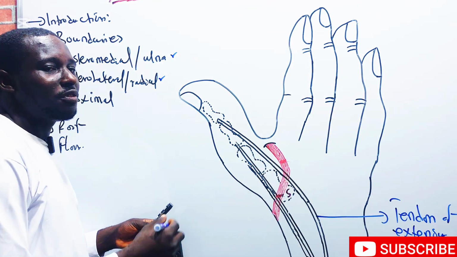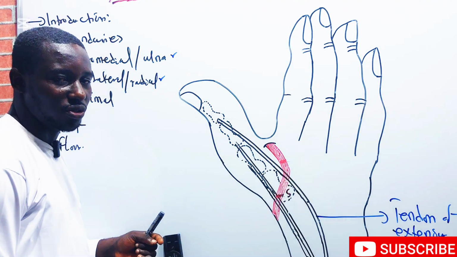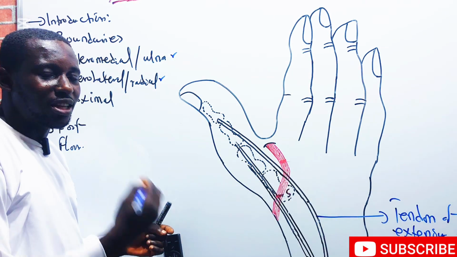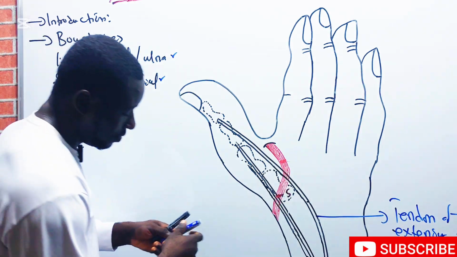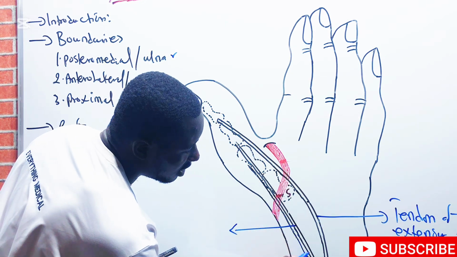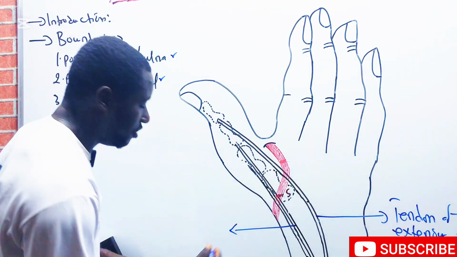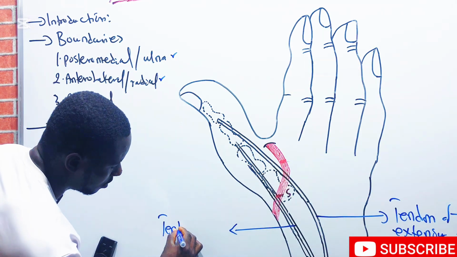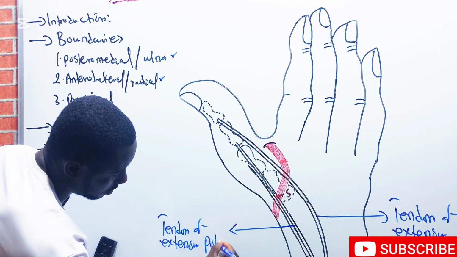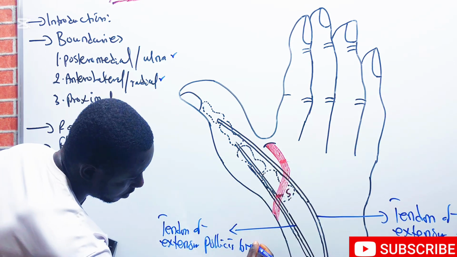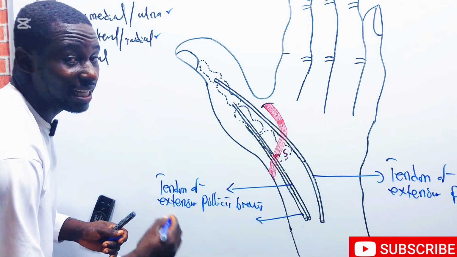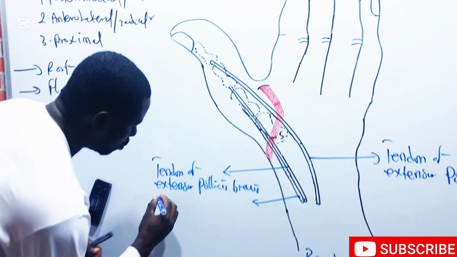The anterolateral boundary is formed by two major tendons. Number one is the tendon of extensor pollicis brevis and the tendon of abductor pollicis longus. The first tendon here is the tendon of extensor pollicis brevis, while the second tendon, way down here, is the tendon of abductor pollicis longus.